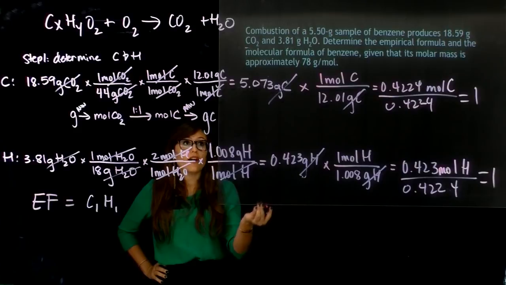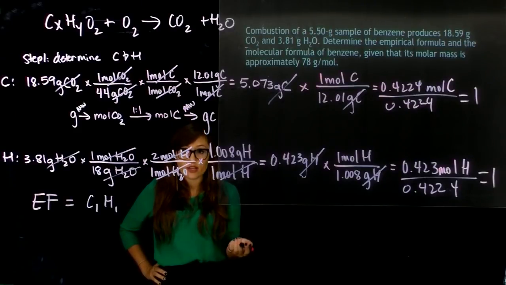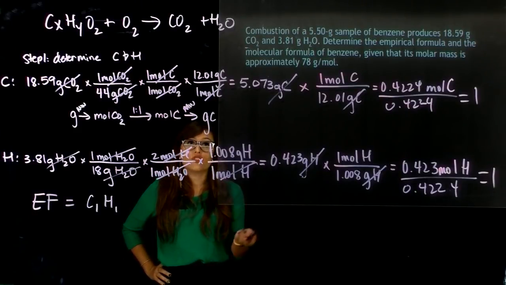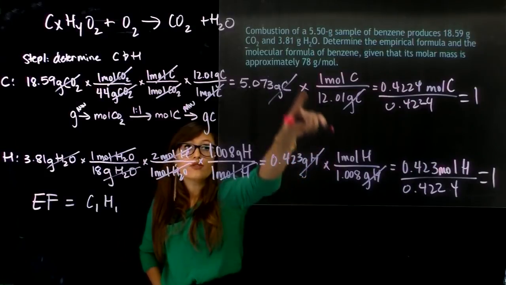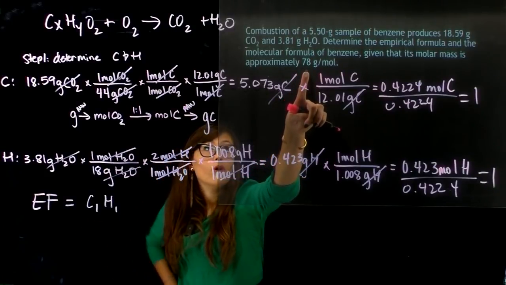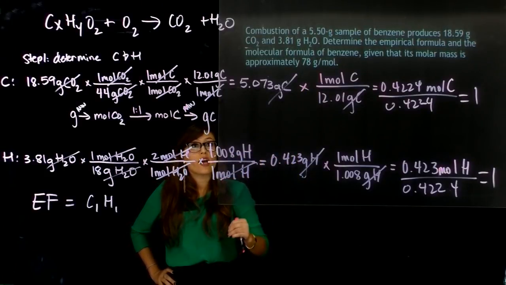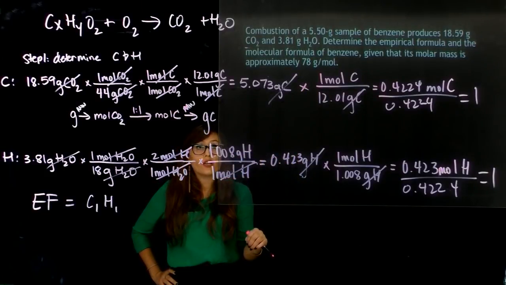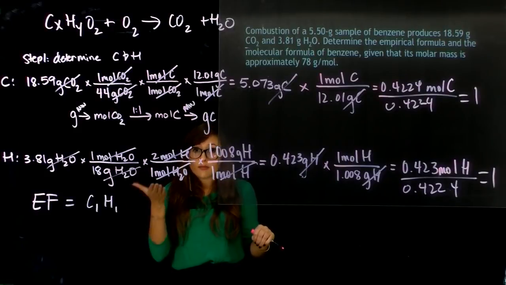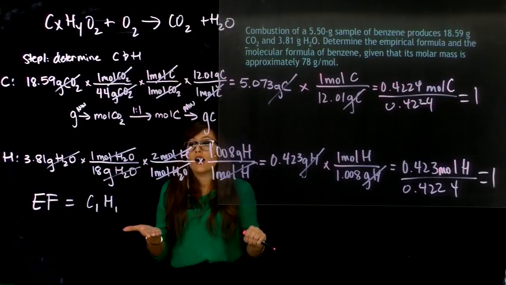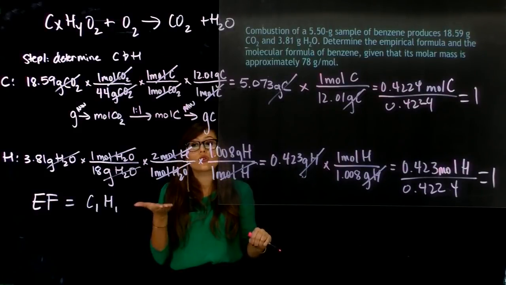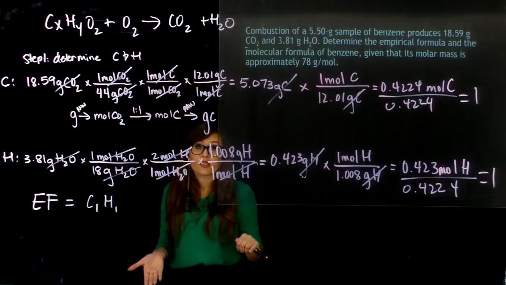But they asked me to find the empirical formula and the molecular formula. In order to determine the molecular formula, they need to have provided us with the approximate molar mass, and they do. We know the empirical formula is the most simplistic formula that you can have and just shows relative ratios.